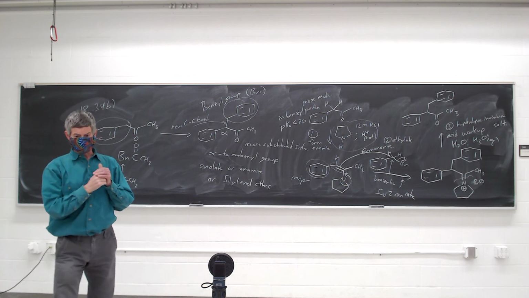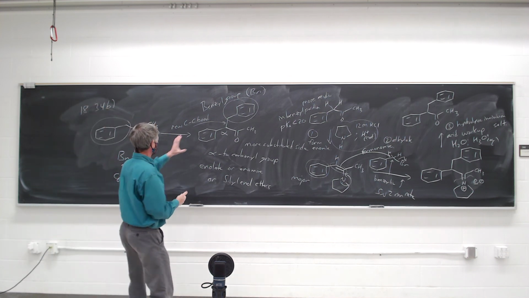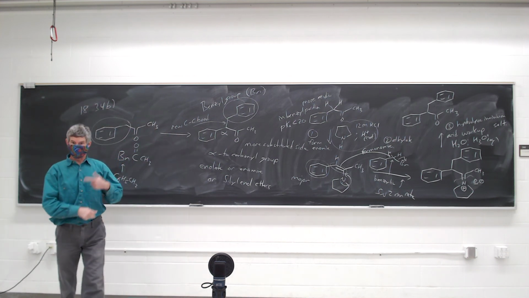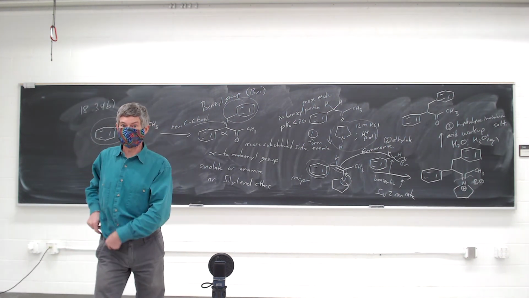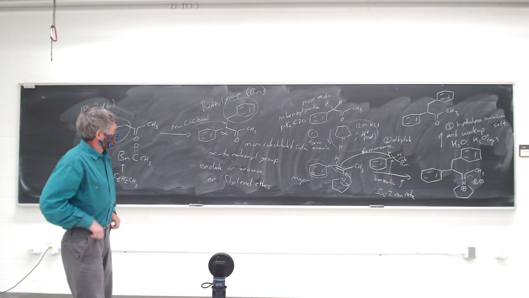In chapter 18, problem 34, they asked you for the product, giving you the reagents, so I basically just twisted it and made it into a synthesis problem by giving you the product and asking you for the reagents instead.